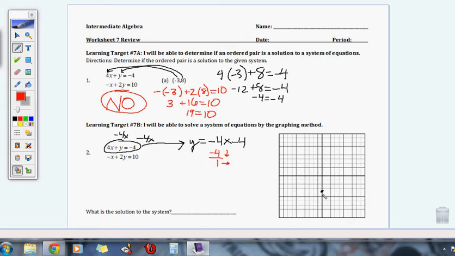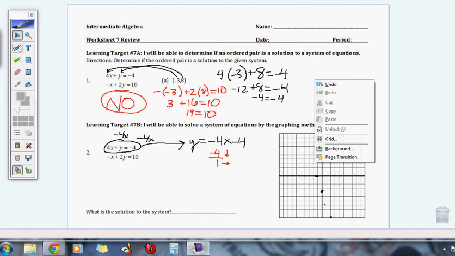So from here, grab that black pen back, we're going to go down 4 and right 1. So 1, 2, 3, 4 over 1. And we could go 1, 2, 3, 4 over 1 again. Instead of down 4, right 1, we can go up 1, 2, 3, 4, left 1. I suggest you do this as many times as your graph allows.